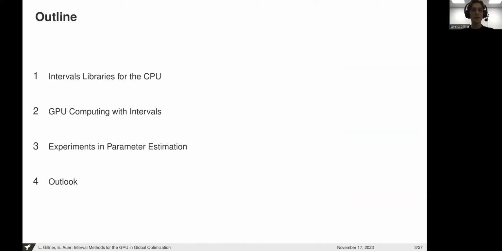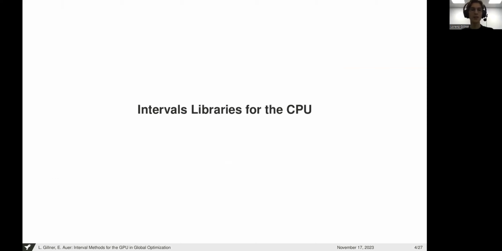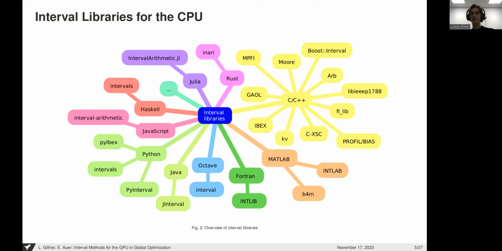This is the outline of my talk. And first, before we dive into the world of GPUs, let's talk about interval libraries on the CPU, because there are a lot of interval libraries for the CPU. And as we can see, a clear favorite for interval computations is, of course, C++, probably due to its close to hardware control mechanisms.